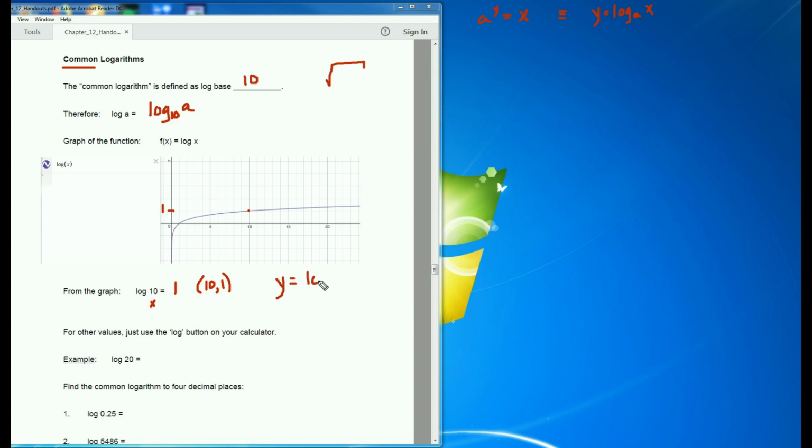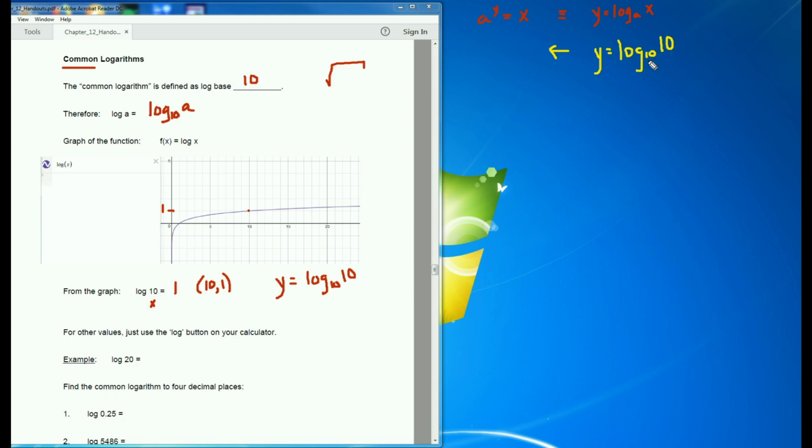log base 10 of 10, or just log of 10. So what does y equal? Well, y equals log base 10 of 10, and then we convert that into an exponential equation.